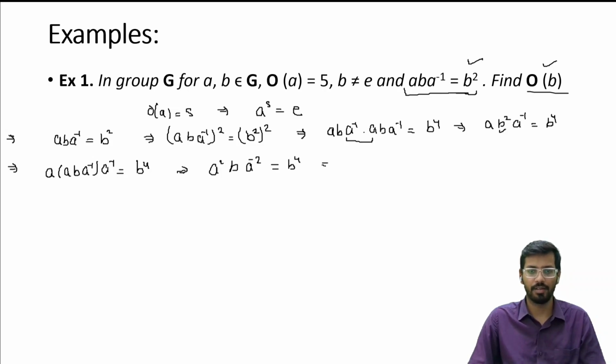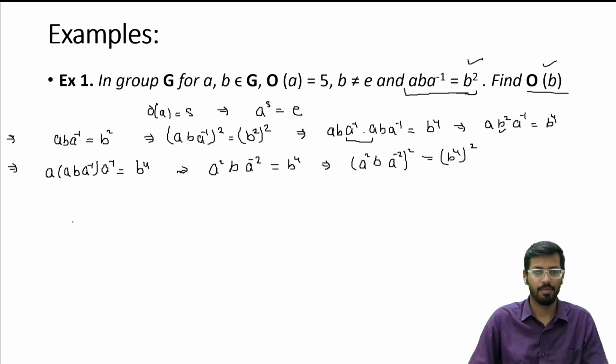Now take square in both sides. (a square b a raised to power -2) whole square, that is equal to (b raised to power 4) whole square. From this we can write a square b a raised to power -2 dot a square b a raised to power -2, that is equal to b raised to power 8.